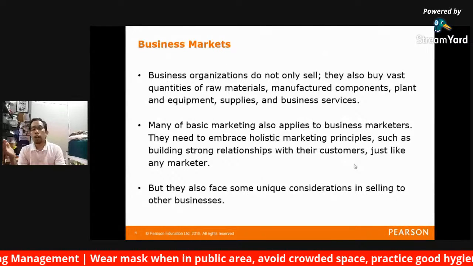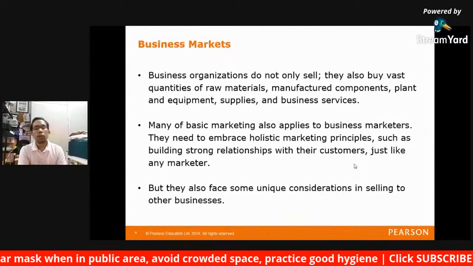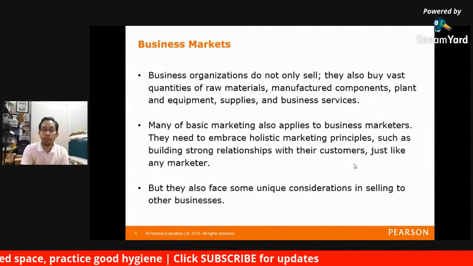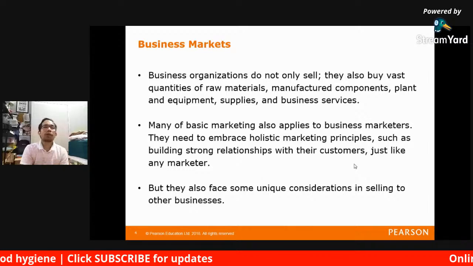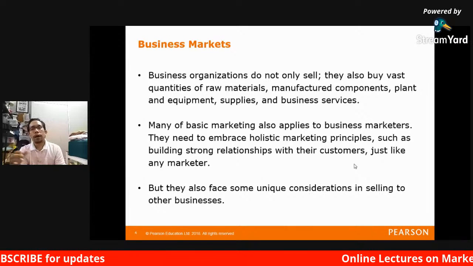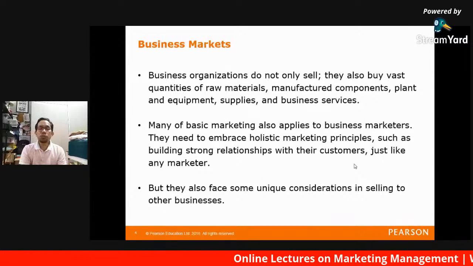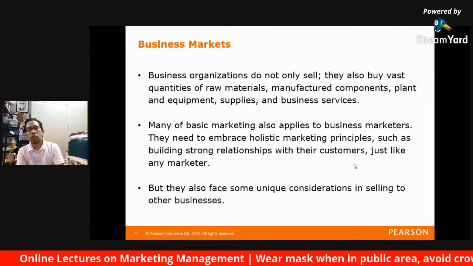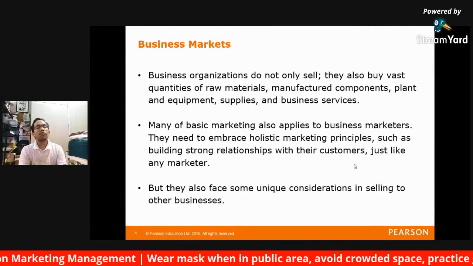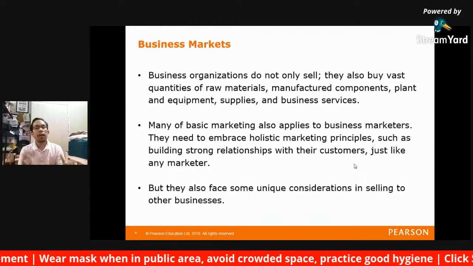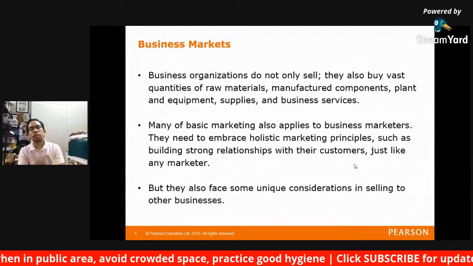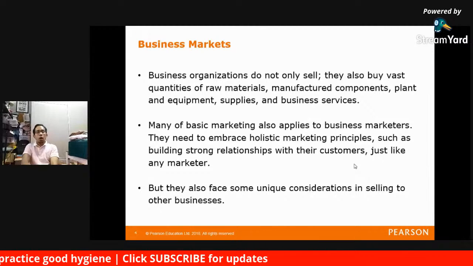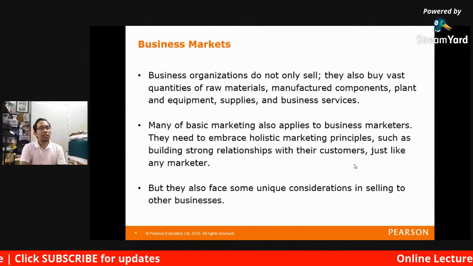Either you want to have your machinery by rental, or you want to buy it as an asset. If you want to buy raw material to transform, for example, you buy flour and transform it into bread. So everything I consider a product under the business market. Many of the basic marketing principles also apply to the business marketer.